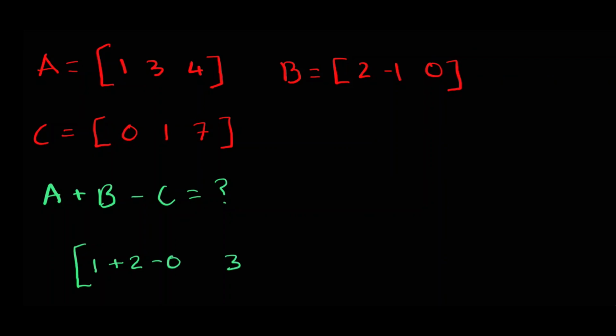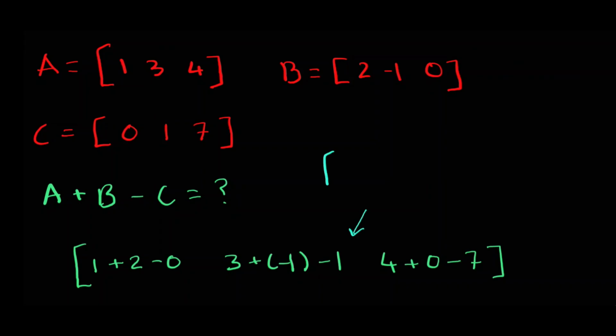For the second entry, that's going to be 3 plus negative 1 minus 1. And for the third entry, that's going to be 4 plus 0 minus 7.